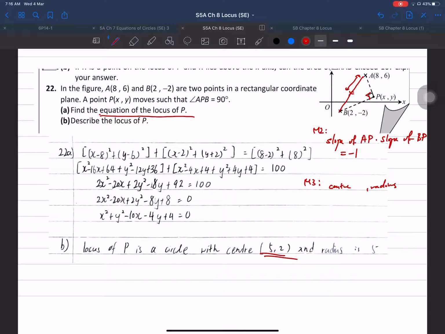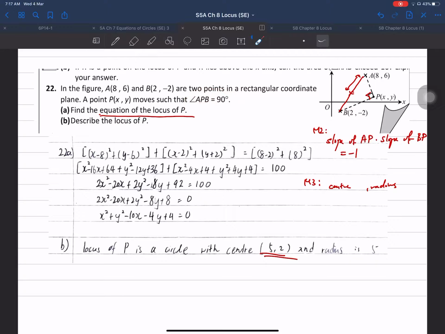But you need to bear in mind point P cannot be at point A because angle APB is equal to 90 degrees. If point P moves to point A or point B, then AB is not a straight line so that we cannot form 90 degrees.